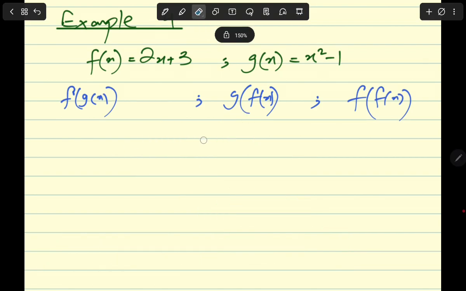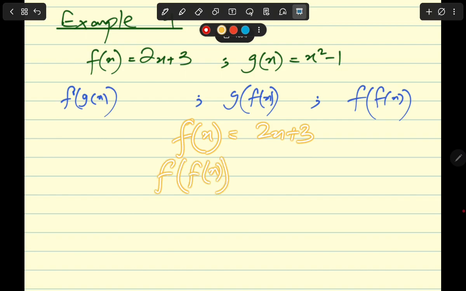Now let's do the final bit. If I have to find out f of f(x), now I know that f of x is equal to 2x plus 3. So if I put the function itself as an input, this becomes 2 of f(x) plus 3.